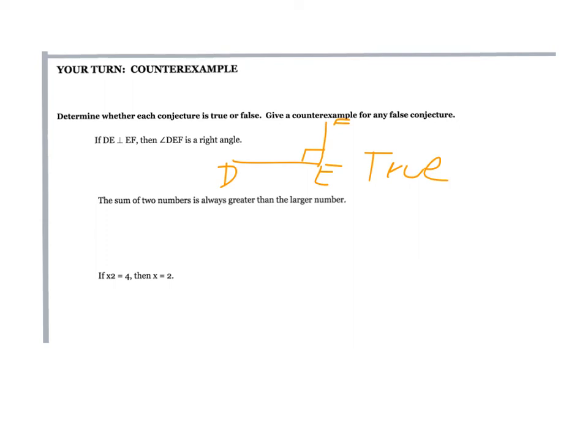Number 2, the sum of 2 numbers is always greater than the larger number. False. We can add with negative numbers. While it is true that 3 plus 5 is equal to 8, the fact that we can add a negative and therefore subtract a positive, like if we had, for instance, negative 3 plus 5, well, that's the same as 5 minus 3, which is equal to 2.